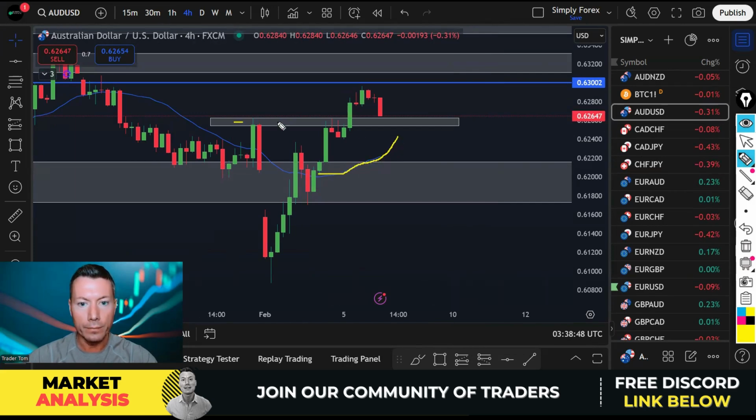So this is a nice level, but price might want to retrace a little bit further to the moving average 20. But somewhere in here, if we see a nice bullish candle, we can take price back up to this 6,300 level, if not a bit further. All right, so just wanted to show you the entry there for Aussie dollar, US dollar. So you can see the Aussie dollar strength: pound Aussie dollar sells and Aussie dollar, US dollar buys.